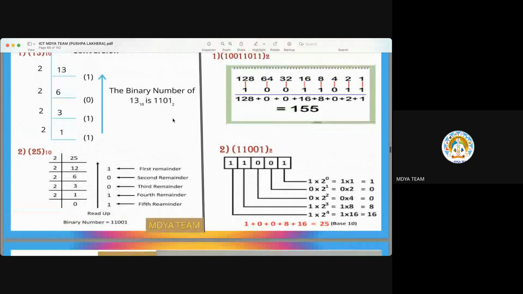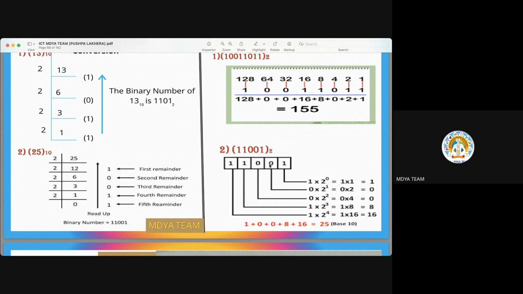The second example is 11001. So here also, it is again a very simple simplification. 1 into 2 raised to 0. 2 raised to 0 is 1. So 1 into 1 is 1. Here the digit is 0, so the term will be 0.